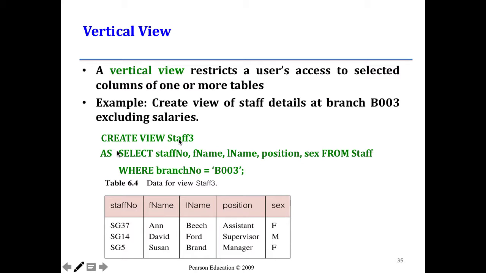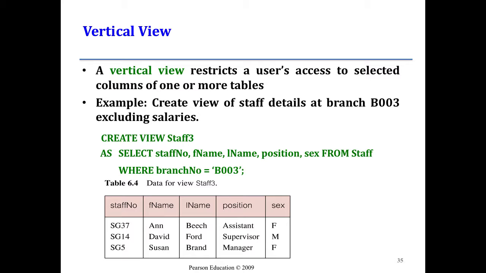Okay, so that was a horizontal view. A vertical view is one where you might be showing all tuples in the relation, but now you're filtering out certain columns. For example, in that staff relation, salary might be considered a sensitive column. And so you might want to have a directory based on the staff relation, but you want to omit the salary field.